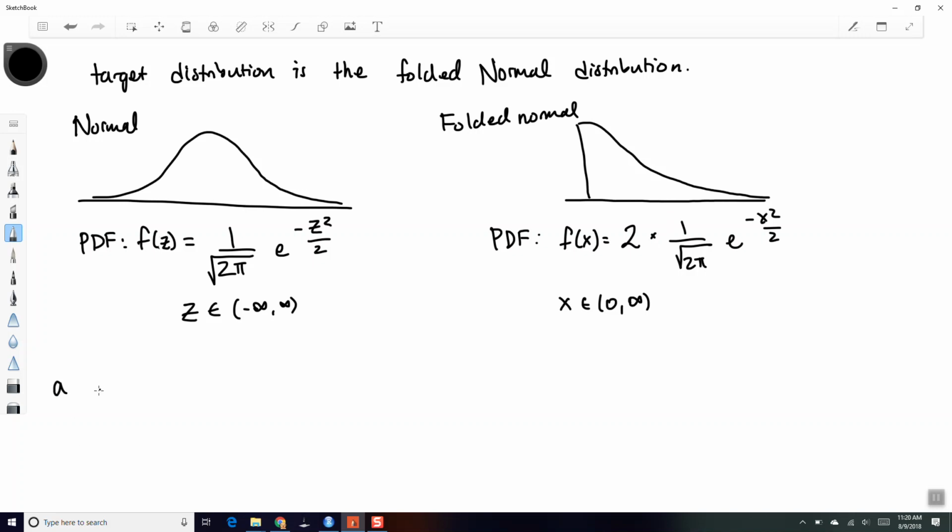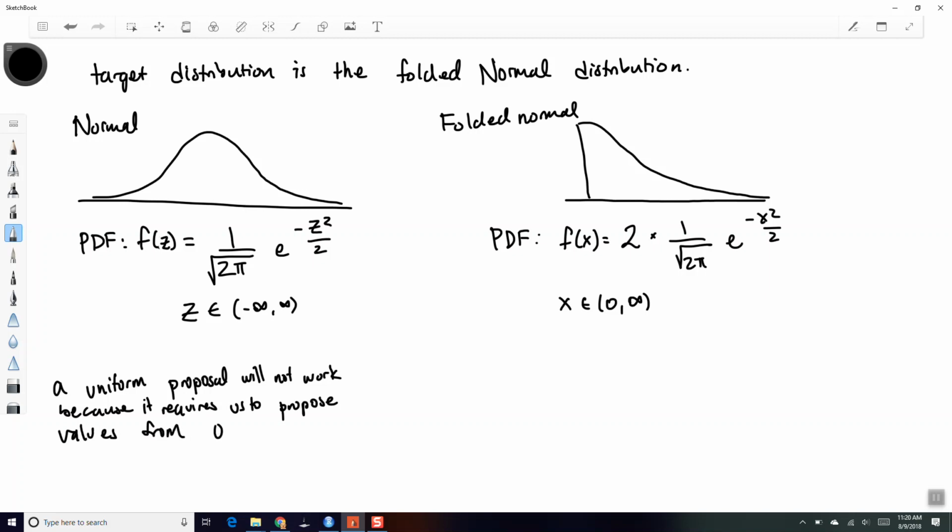So a uniform proposal will not work because it requires us to propose values from 0 to infinity with equal likelihood.